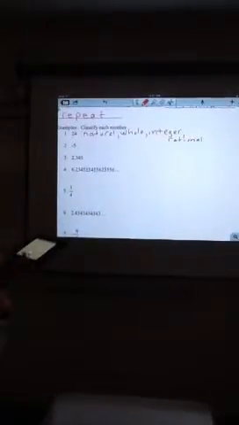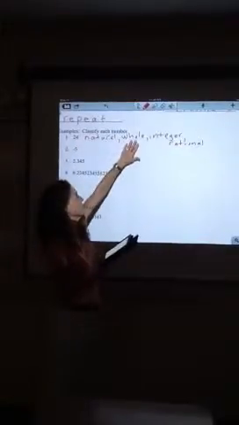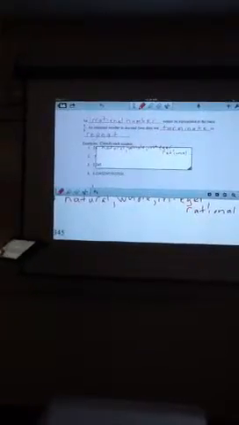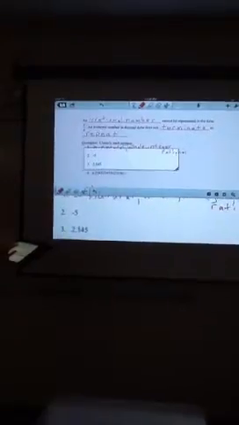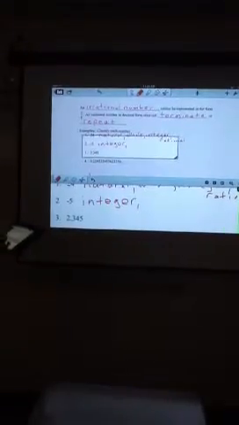Negative 5. Well, negative 5 can't be a natural number because you wouldn't count using a negative. Negative 5 is also not a whole number because they don't include the negatives, but it is an integer. And it's also rational.